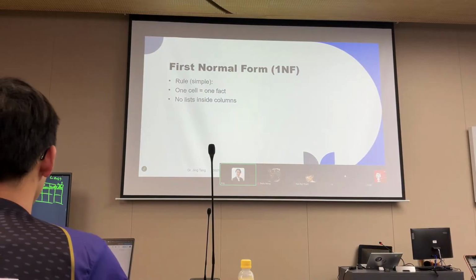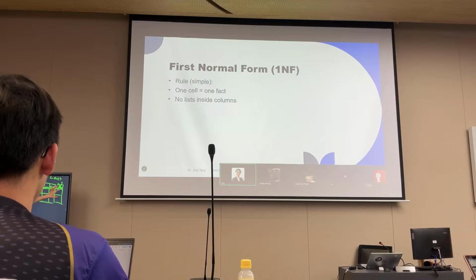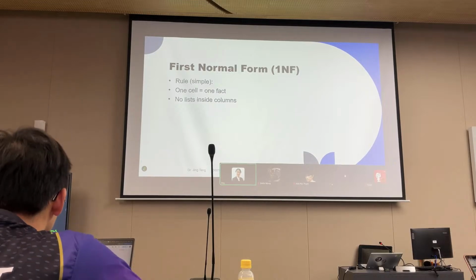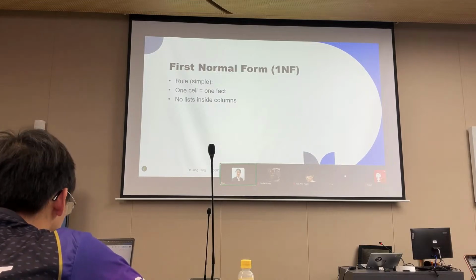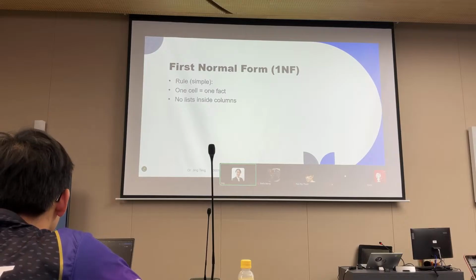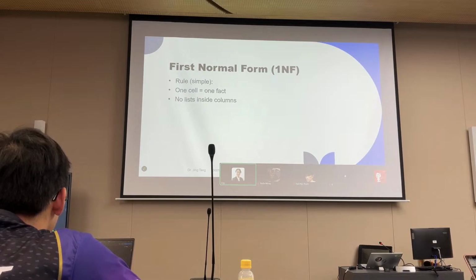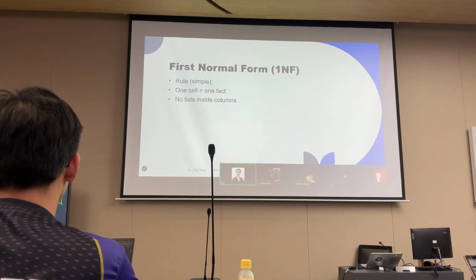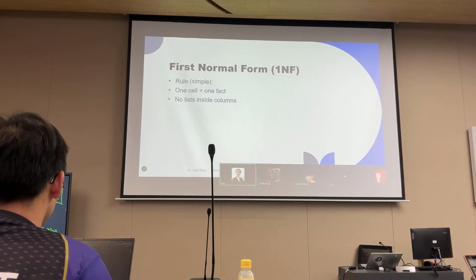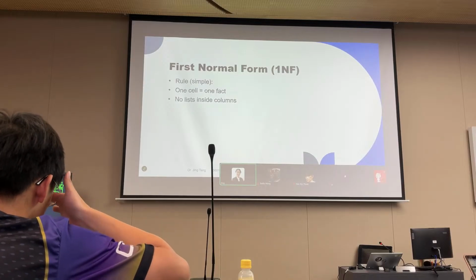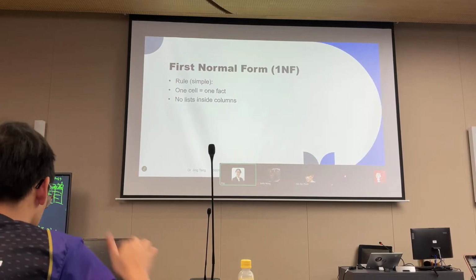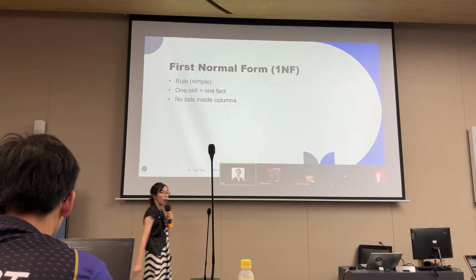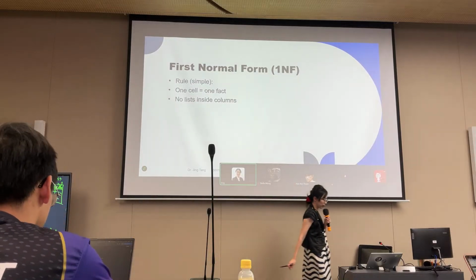You don't have any list inside a cell, so you should separate them into separate columns. And you should not have empty keys. For example, you have some pen but no person ID. No, the ID should always be filled in. So this is 1NF.